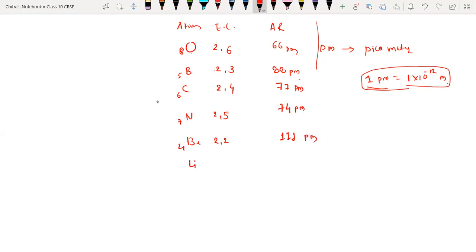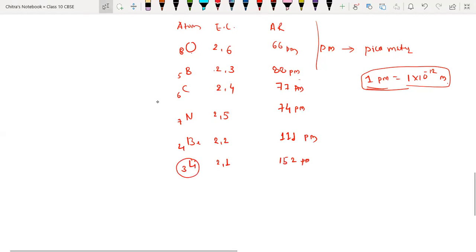Then we have lithium. Atomic number is 3, electronic configuration is 2 and 1, and its atomic radius is 152 picometer.